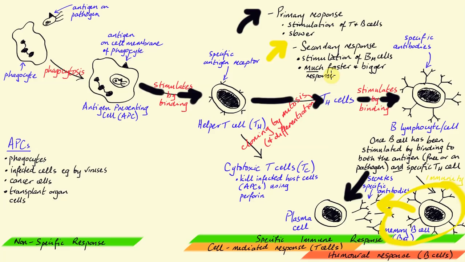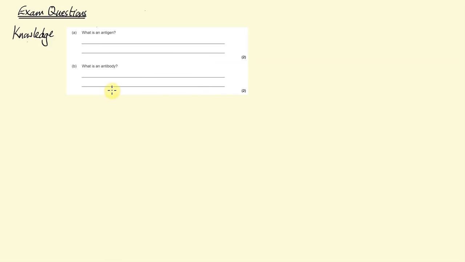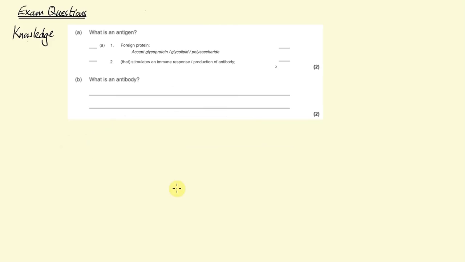So now let's go on to some exam questions and how to answer them depending on the wording of the question. So first of all, what's an antigen? What's an antibody? So 2-mark questions for each of these. You need to know that an antigen is a protein, but really importantly, a foreign protein or polysaccharide, which stimulates the generation of antibodies.